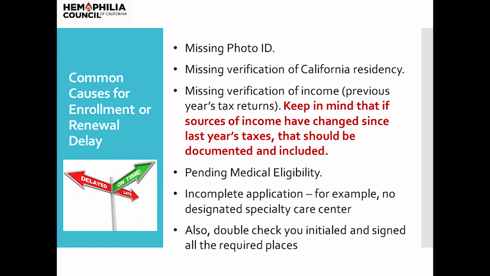And one other thing that we like to remind all of the hemophilia patients, and we'd also like to remind those in the sickle cell disease community and cystic fibrosis community, that it's so important to work with them on all of this information. And again, if your income has gone down, they need to know.